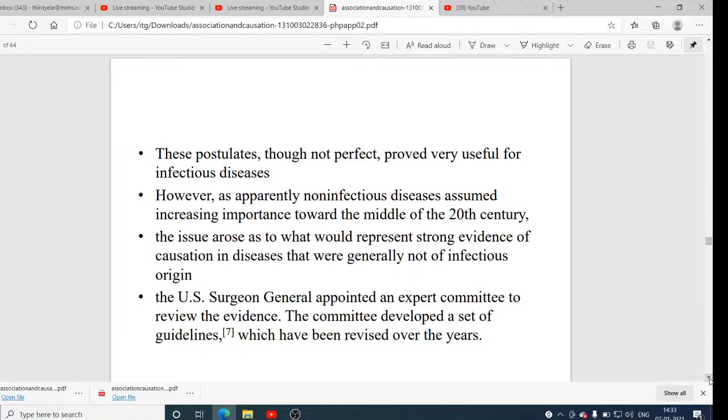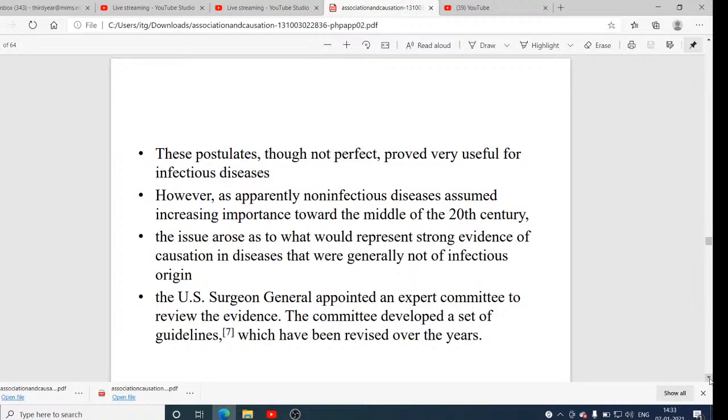However, as apparently non-infectious diseases assumed increasing importance towards the middle of the 20th century, the issue arose as to what would represent strong evidence of causation in diseases that were generally not of infectious origin.